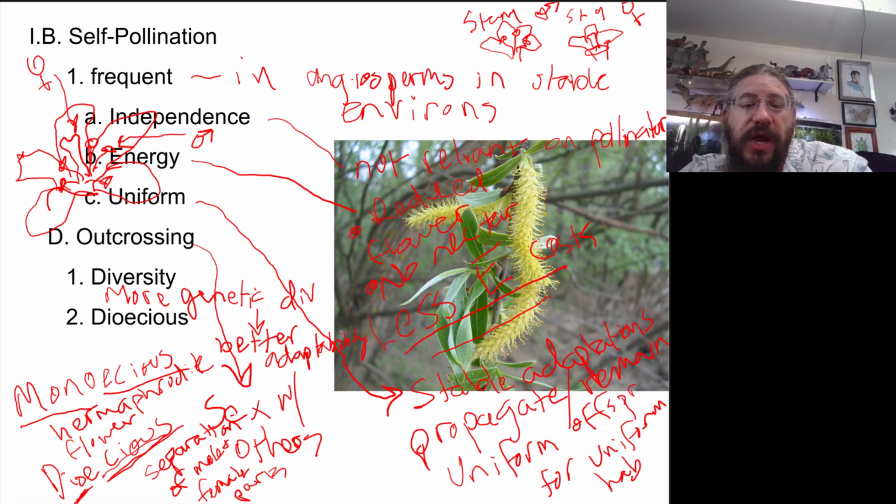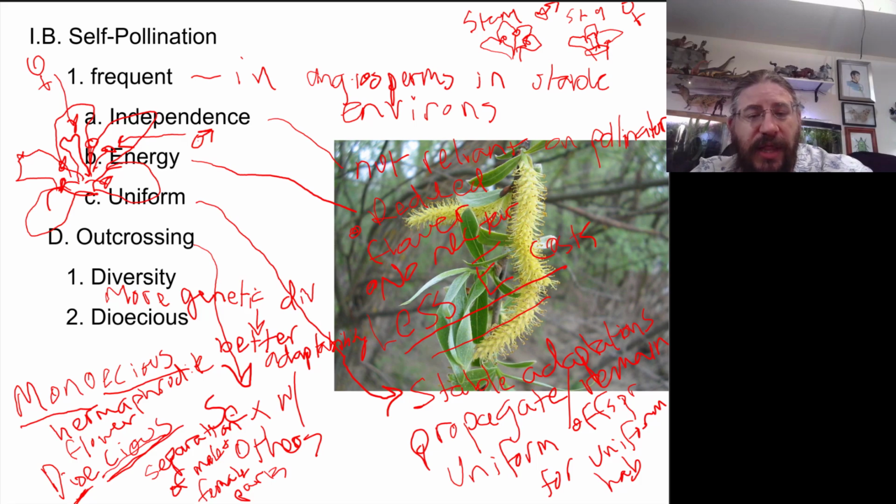And sometimes you can have whole plants, male and female plants. Cottonwoods are dioecious in that some cottonwoods only produce male flowers and some cottonwoods only produce female flowers. So those cottonwoods cranking out all that cottony sperm, they are male cottonwoods, and they do not have the female reproductive structures on them.